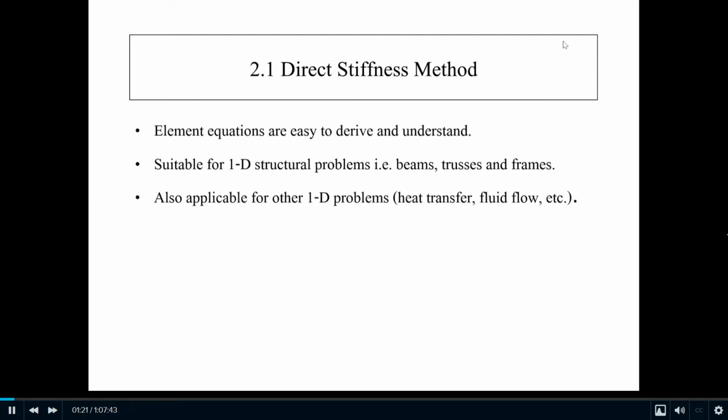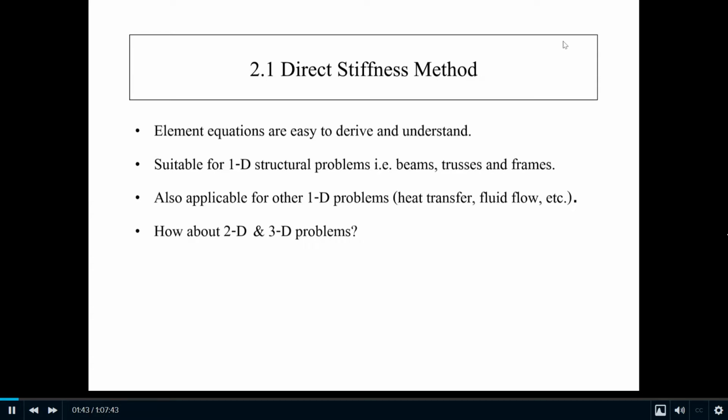It can also be applicable to other 1D problems in other fields, like in mechanical engineering, if you study heat transfer or fluid flow. You can apply this as long as you can derive the stiffness equation.